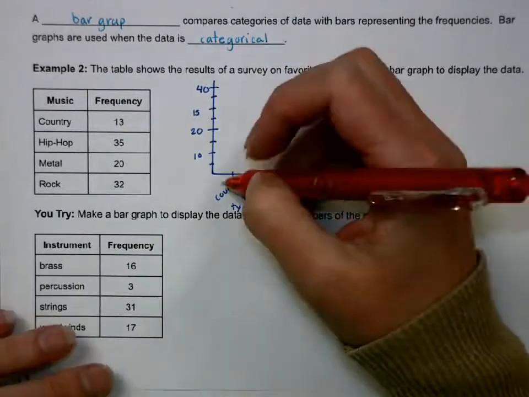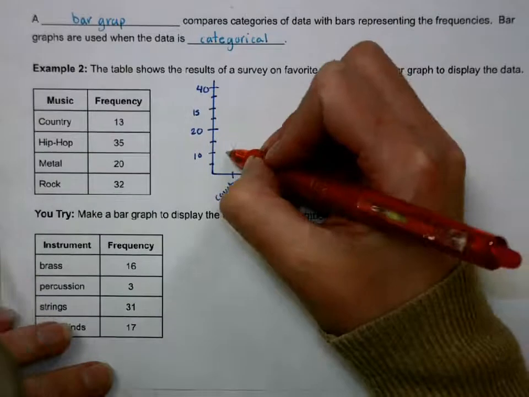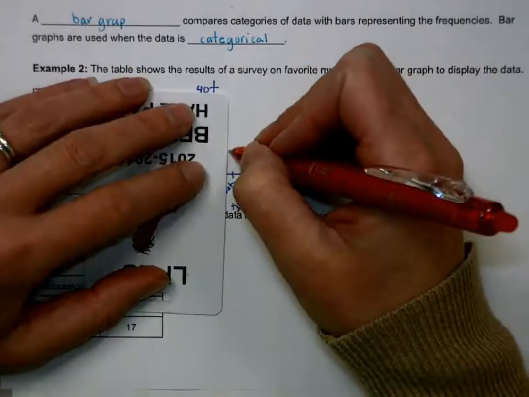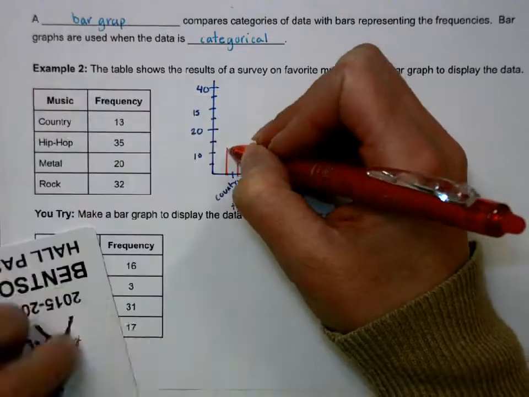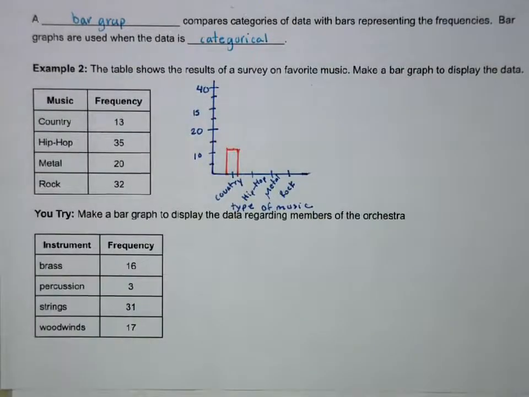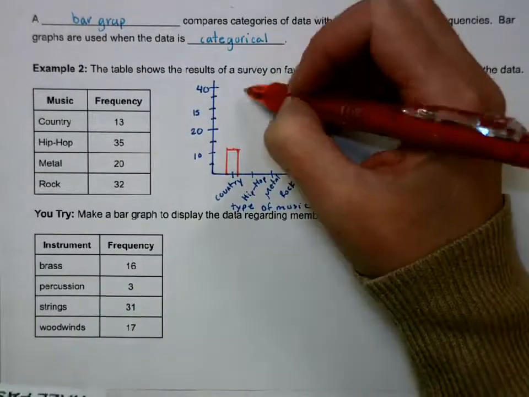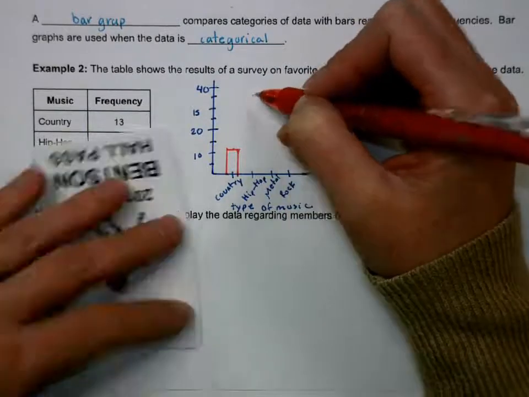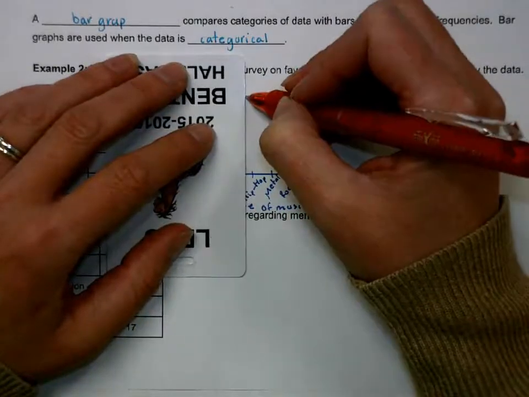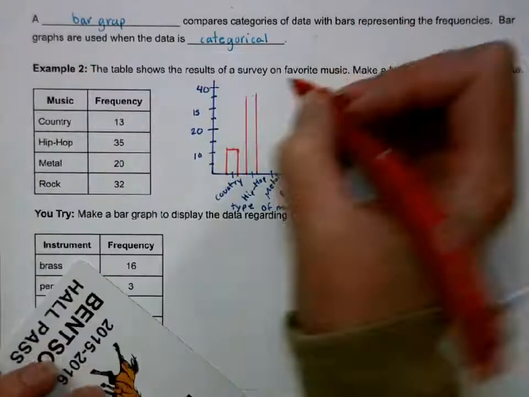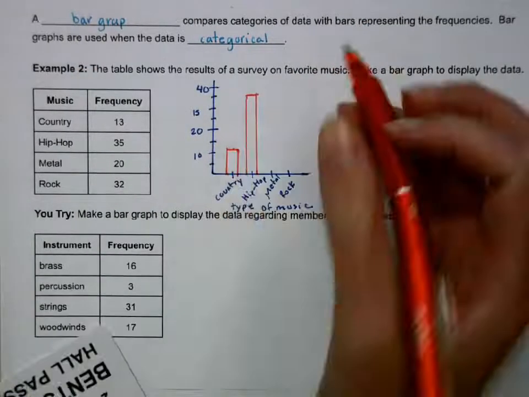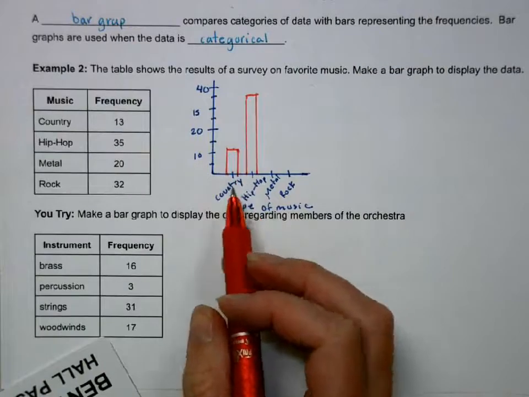So when we graph it, 13 is going to be about here. We'll represent it with a nice bar here. And then hip hop is at 35, so all the way up here. And you're going to leave a gap in between the bars, because this isn't a continuous thing.